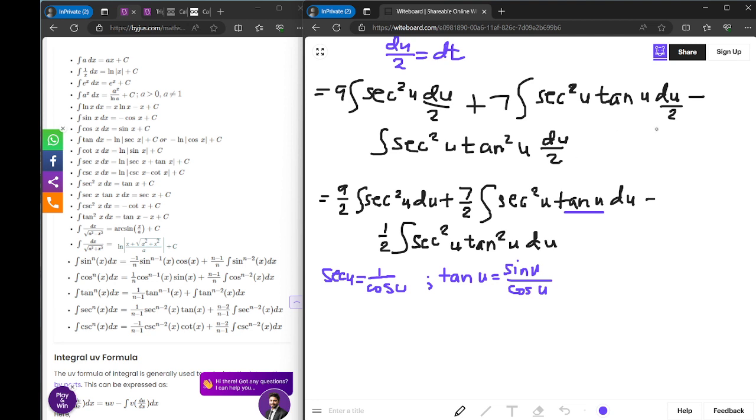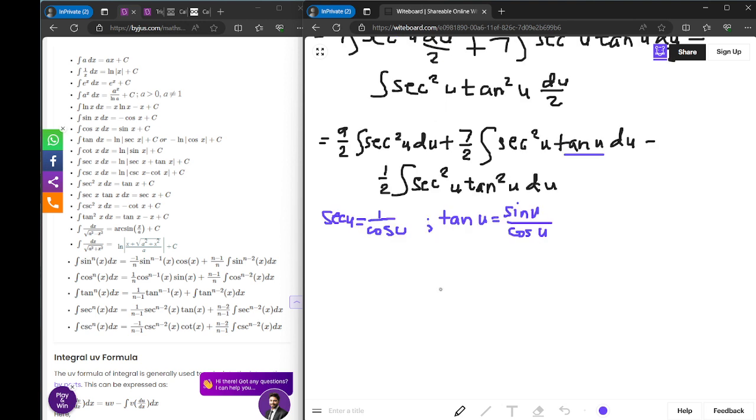All right. Okay, I think I can solve this now. Since we already used u, let v be equal to tangent of u.